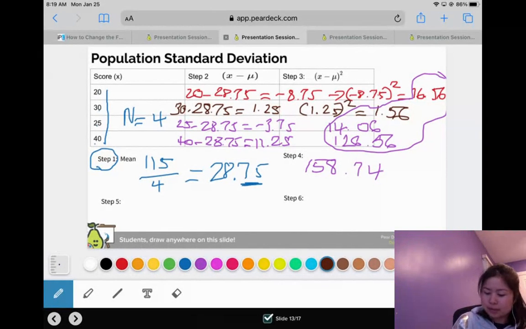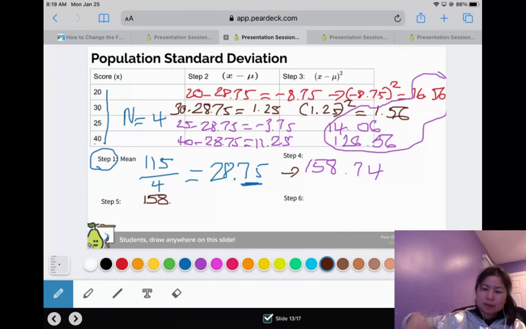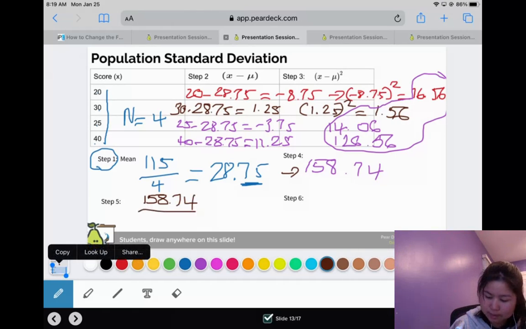Step 5 is that I'm taking the value from step 4. So think about it. Step 2 would lead you to step 3. So whatever you got from step 3 would lead you to step 4. Then use whatever you got from step 4 to start with step 5, right? So 158.75 divided by n, because I'm doing population, I'm not going to subtract 1. I would divide by 4.